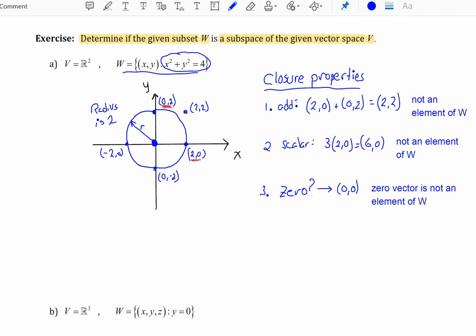We should be able to say W is not a subspace of R2. But again, you could have used any one of those to show that it was not a subspace. I just wanted to do all three for practice.